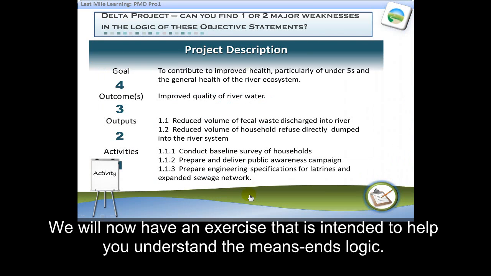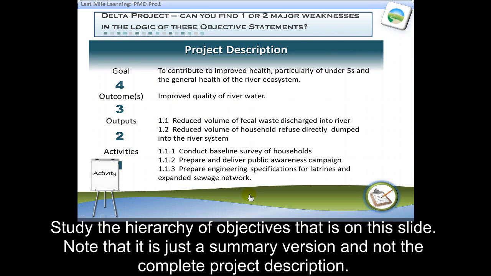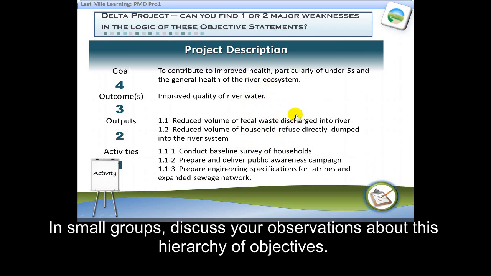We will now have an exercise that's intended to help you understand the means to end logic. I'd like you to study the hierarchy of objectives that's on this slide. Note that this is just a summary version and not the complete project description. In small groups or individually, I'd like you to make some observations about this hierarchy of objectives.